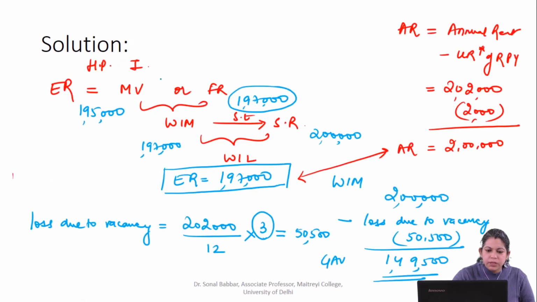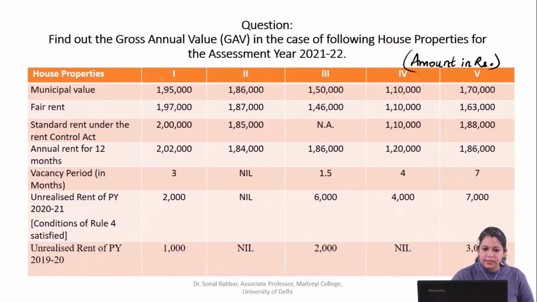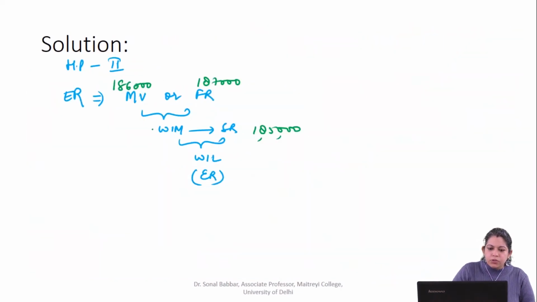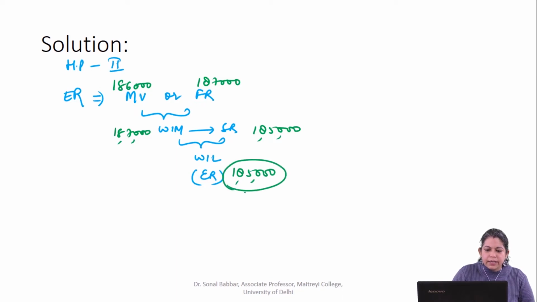So municipal value given in the question is 1,86,000, fair rent 1,87,000 and standard rent 1,85,000. So higher of the two is 1,87,000 here, but lesser of the two is 1,85,000. So ER is fixed at 1,85,000.